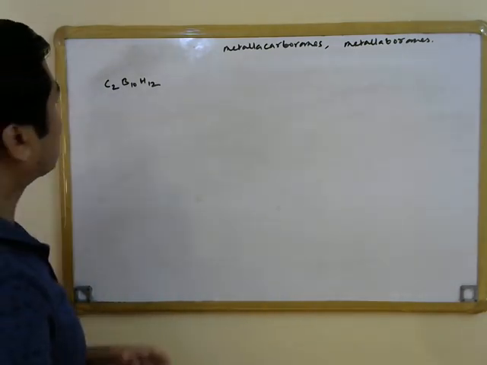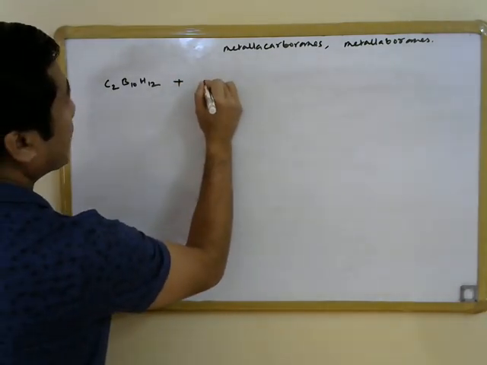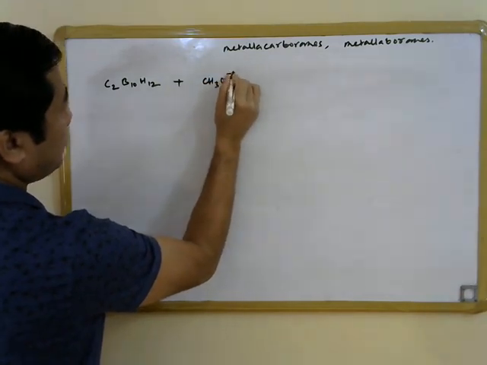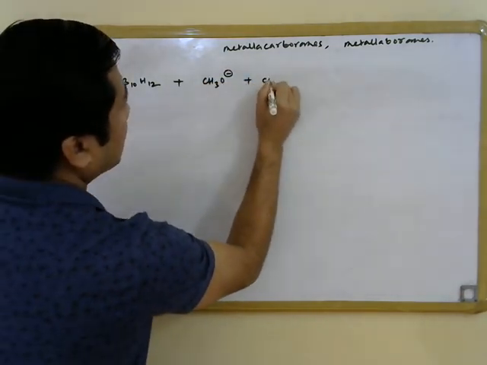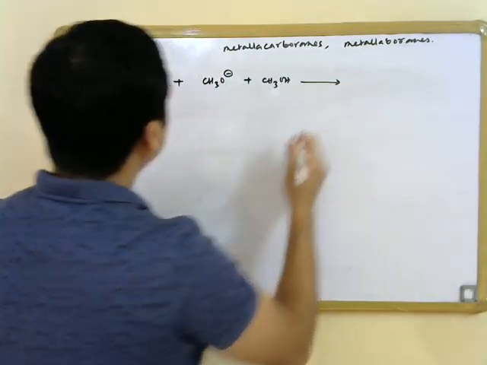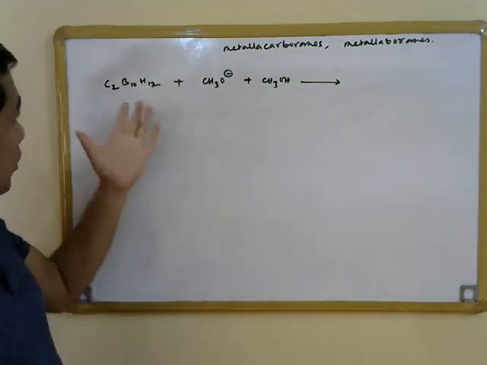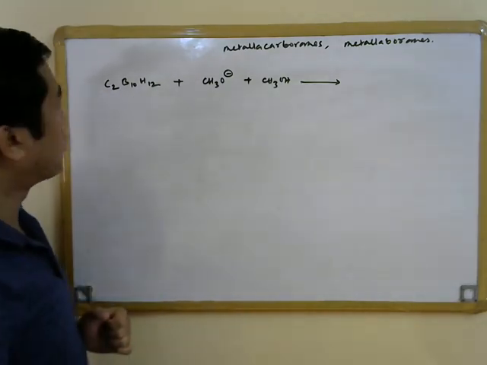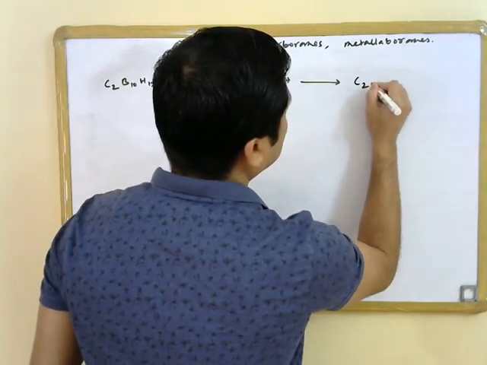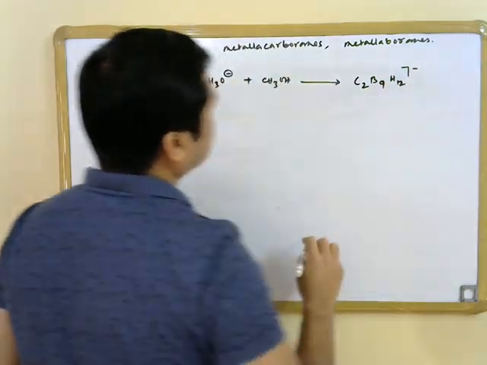Now if you take this carborane molecule and treat it with a strong base like methoxide in methanolic medium, then it is able to take out one of the boron centers. The base is able to split out one of the boron centers from this carborane molecule, so that we end up with C2B9H12 negative.